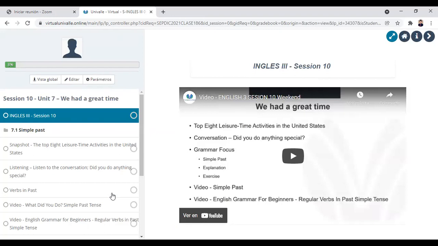So we have two sessions ahead, session 11 and session 12. Then you will be having session 13, the session when you are going to be making your final exam.